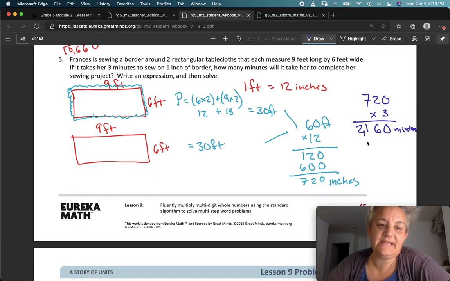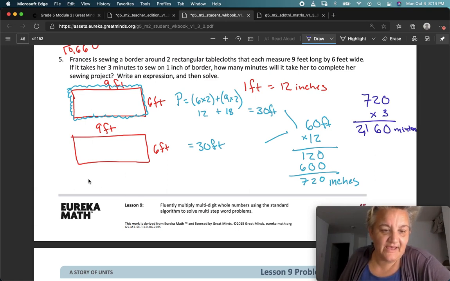And again, it said write an expression and then solve. So let's do that first. We have 6 times 2 plus 9 times 2 is the perimeter of 1. Then we're multiplying the whole thing times 2 because there's 2 of them, right? And that is going to give us how many feet?